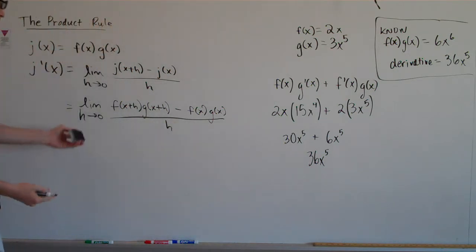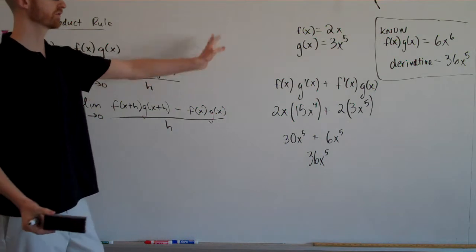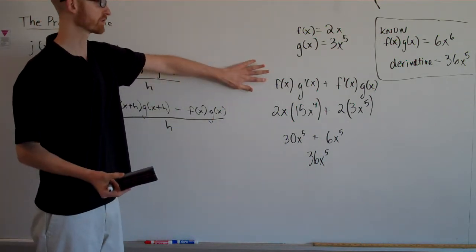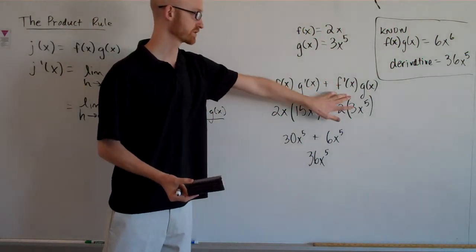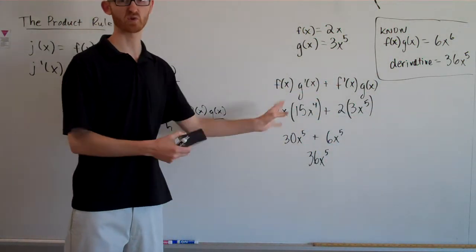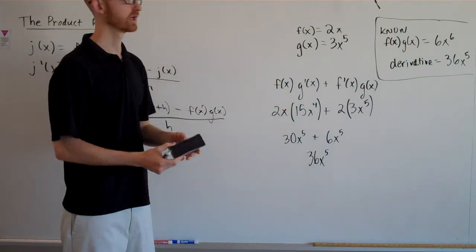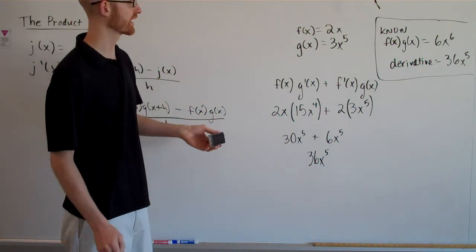Okay, and our goal is, of course, to figure out an expression for this. I've already shown you via an example that it turns out to be the first function times the derivative of the second function plus the derivative of the first times the second. And of course, all these operations commute, so it might show up a little differently here, but it'll be an equal expression to that.